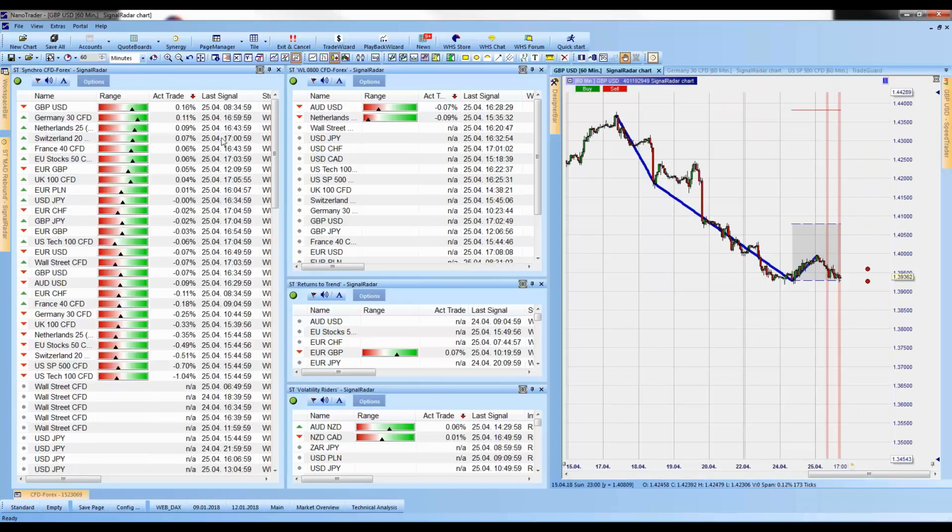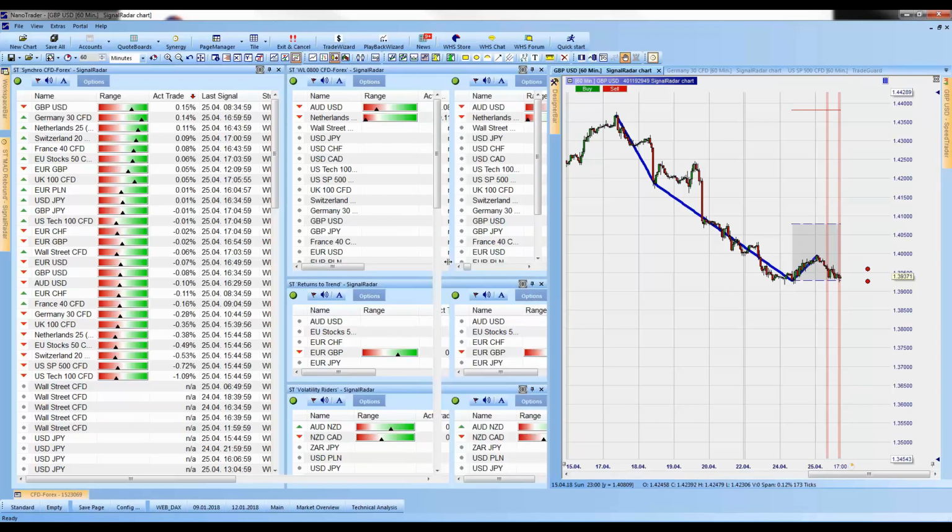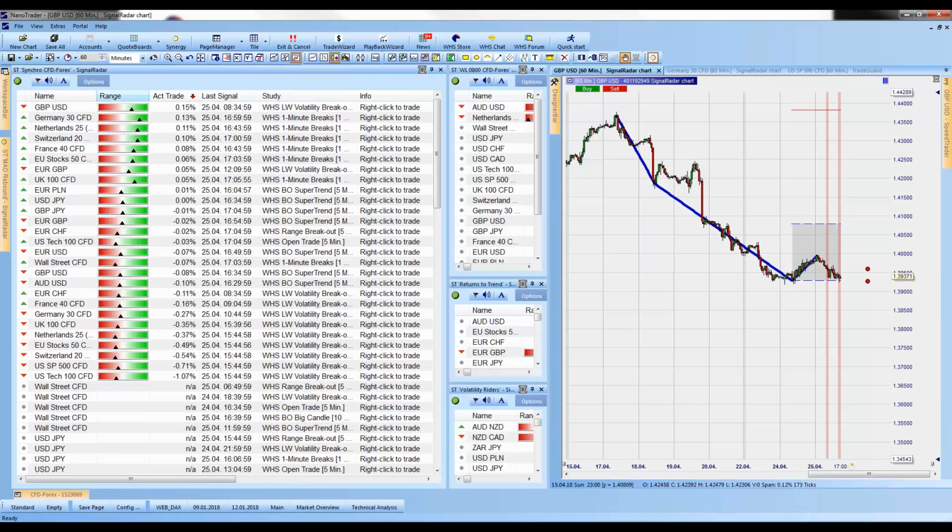Let's take one of the tables, and each table has its name at the top. So here I have the Synchro table, the W0800 table, returns to trend, volatility riders, etc. The content of the tables is determined by the publisher. The publisher can be us, Self-Invest, the broker, but we could allow third parties to publish their tables via the tool, the SignalRadar tool.